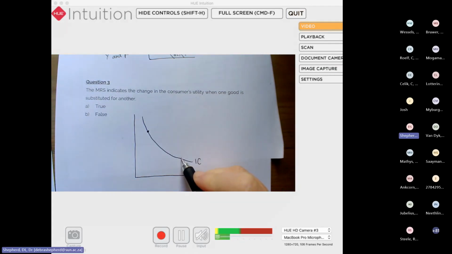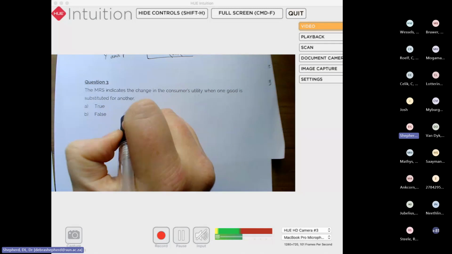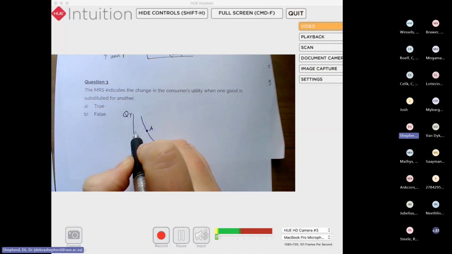If I look at these 2 points here, A and B, what can I say about points A and B? How would you describe those 2 points? If I had to just ask you, what can you tell me about consumption A and consumption B? So let's say this is product Y and this is product X.